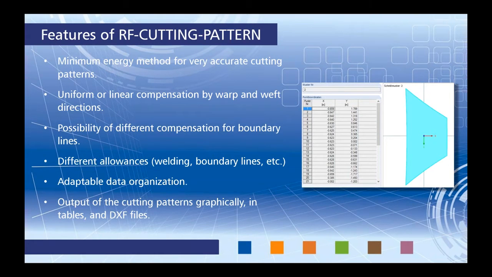And lastly, I'll show you how to output the cutting patterns both graphically within the RFEM printout reports, as well as tables. And these tables can be exported directly to Microsoft Excel for further sorting. And lastly, we can export them as a DXF file, open them up in AutoCAD, and show you how to utilize the cutting patterns this way.